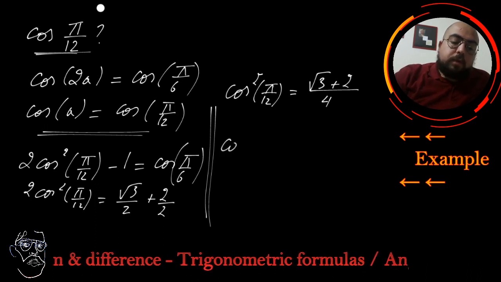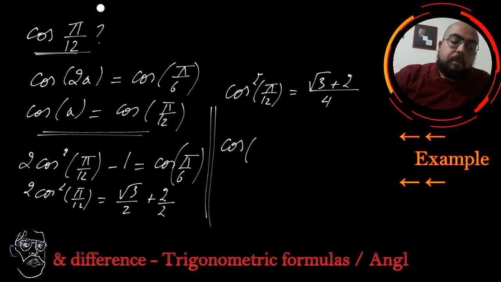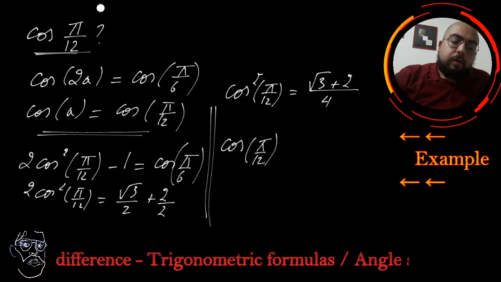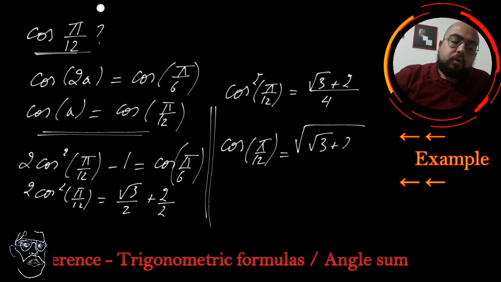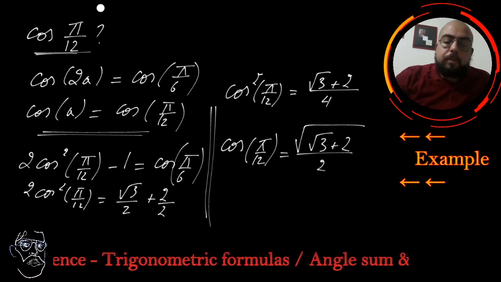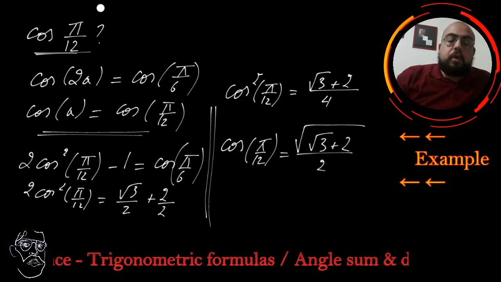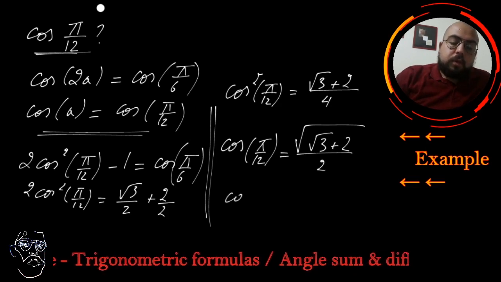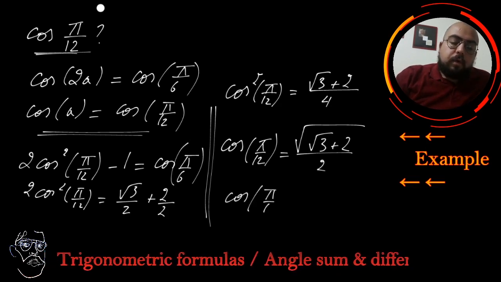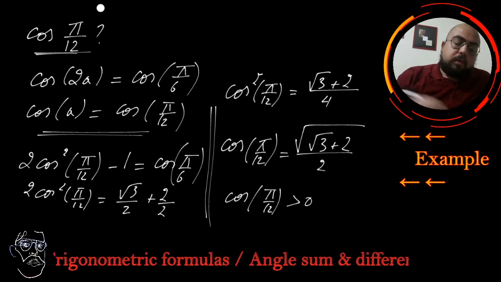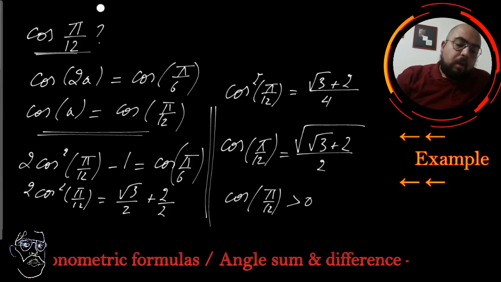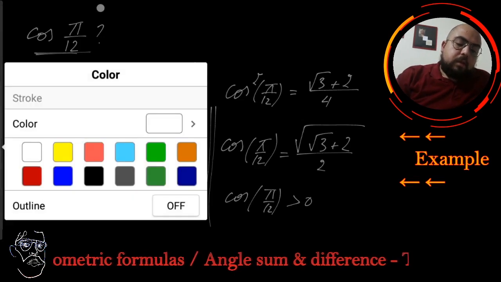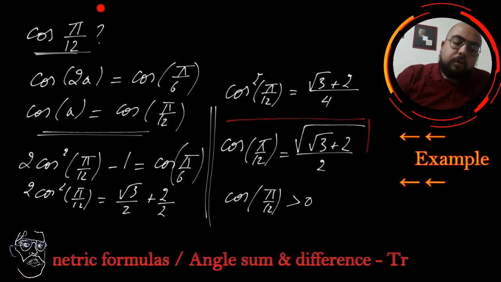Now I'm interested in cosine pi over 12, so I will have to take the square root of square root of 3 plus 2 over 2, and you choose the positive value and not the negative, simply because cosine of pi over 12 is actually a positive value. So this is the exact value of cosine pi over 12.